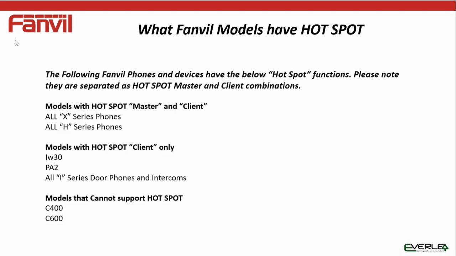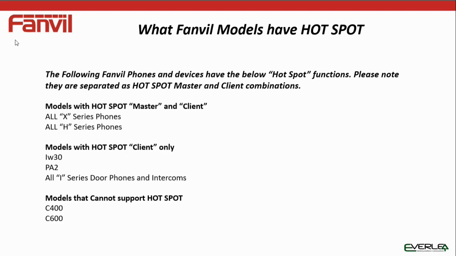The models with hotspot client only are all the I series devices. These are all your door phones, your door security phones, etc. The I10, the I18, I12, I23S, I31S, etc., all through the range, so the whole I series.